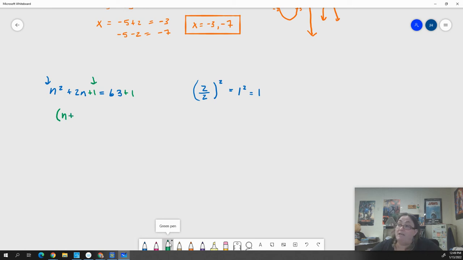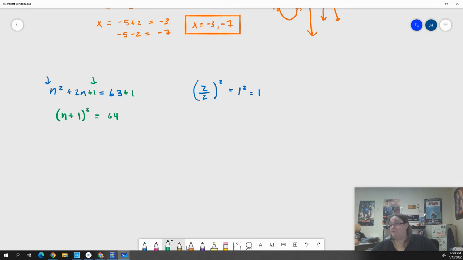And the square root of 1 is just 1. And we're going to write that like that. And we can do it because we created this perfect square trinomial equation to be able to do it. The whole purpose is to be able to factor this like this so that we could just take square roots to solve. Equals 64.